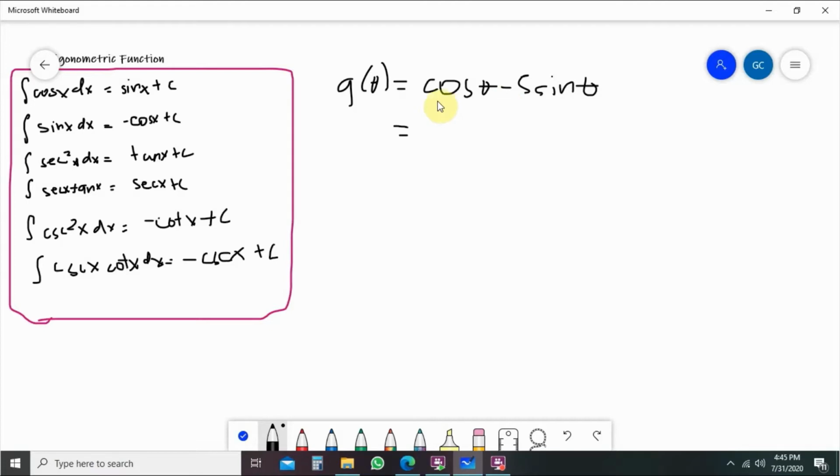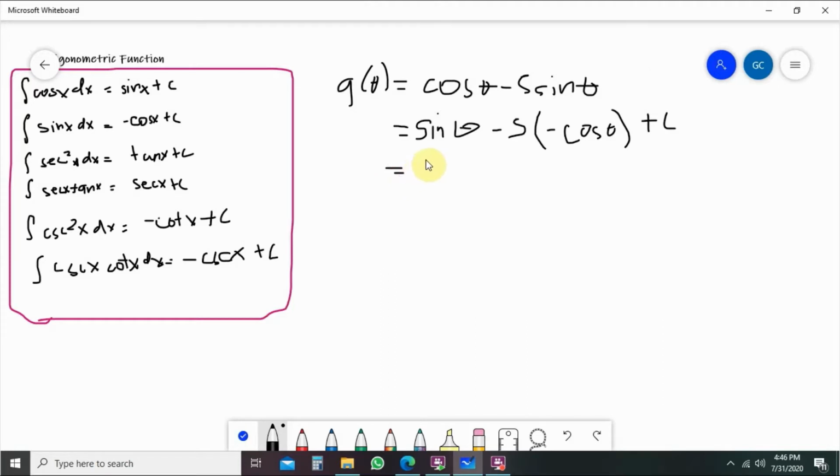That is pretty simple. From the formula, we can tell that the integral of cosine is sine. So this is equal to sine theta minus 5 times negative cosine theta plus some constant c.